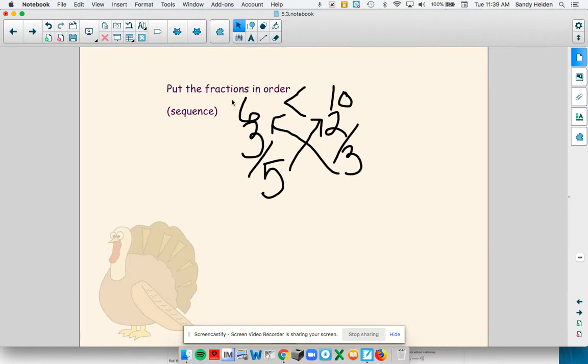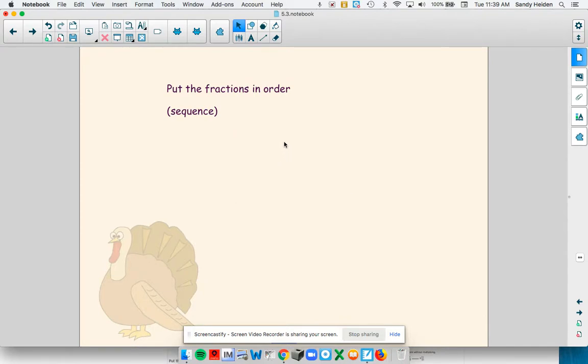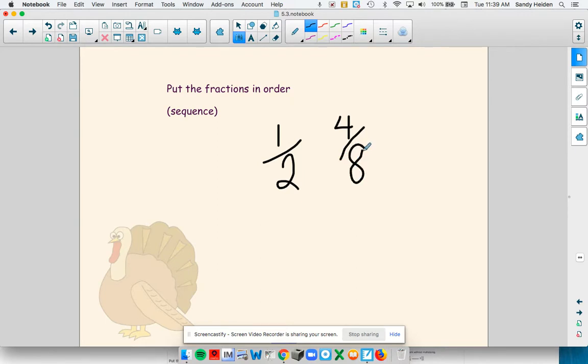Let's do an example of an equal one. X pointing up, weird X, cross multiply. 8 times 1 is 8, write it above there. 2 times 4 is 8.